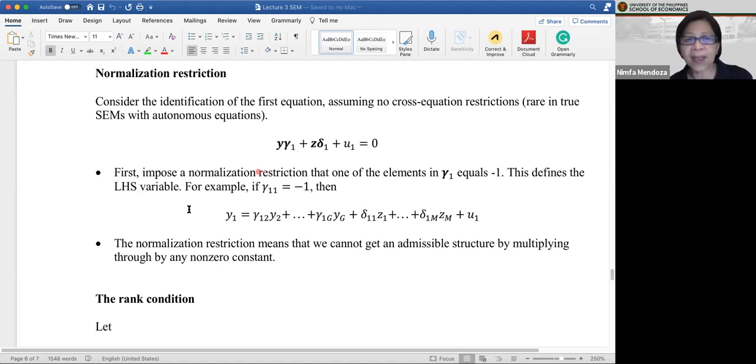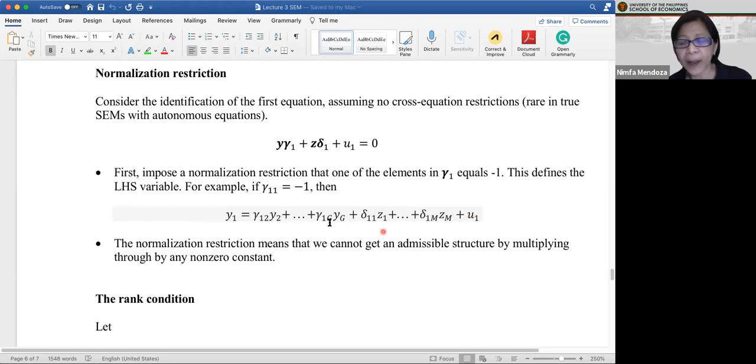This defines the left-hand side variable. For example, if in the first equation we have gamma sub 1, 1 equal to minus 1, then note that in this form we would have 0 is equal to gamma sub 1, 1, y sub 1 plus gamma sub 1, 2, y sub 2, and so on.